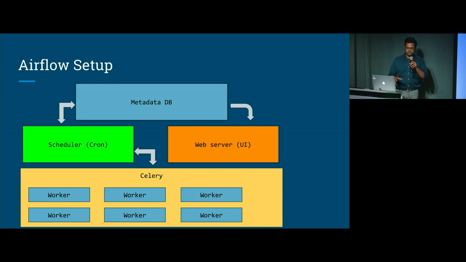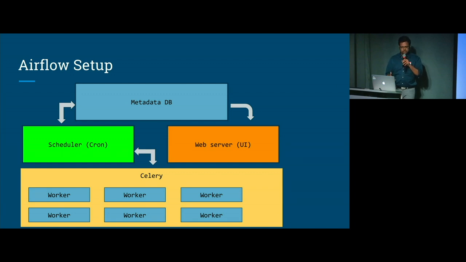There is a web server which powers the UI, and all the tasks that the scheduler decides need to run are sent to Celery, which is a task queue worker. You can spawn as many workers as you want, depending on the size of your cluster. And the metadata of all the DAGs or workflows is written to a relational database. You can point it to any relational database.